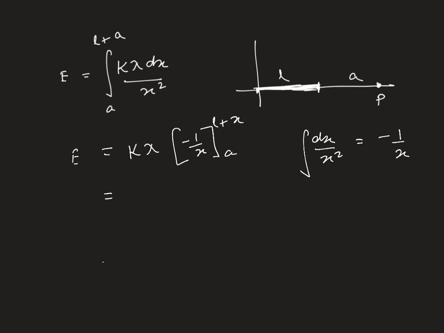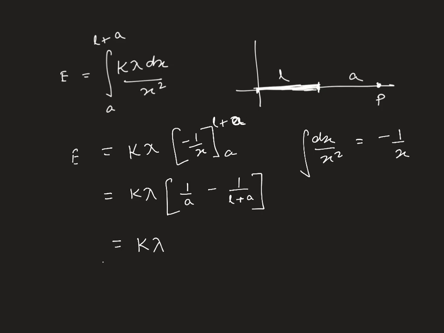Hence we'll have k lambda. Now since there is a negative sign here, you can reverse the limits. First the lower, minus, then the upper. This is A, not x. Doing this again and again. L plus A.